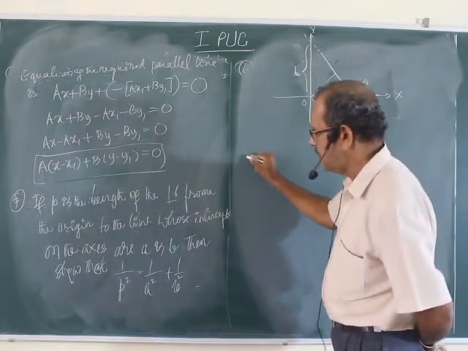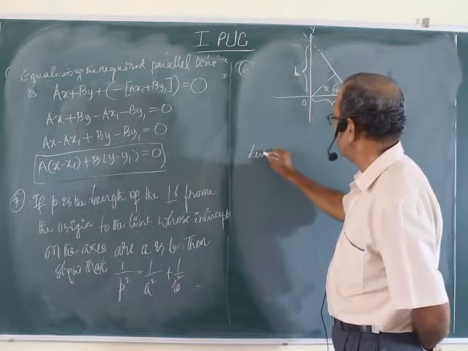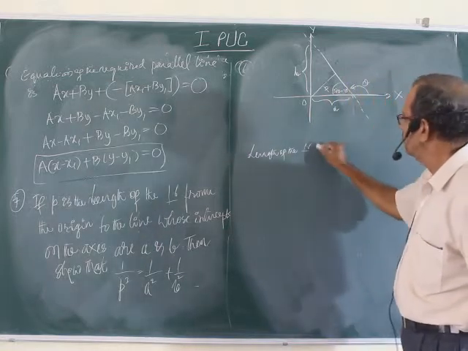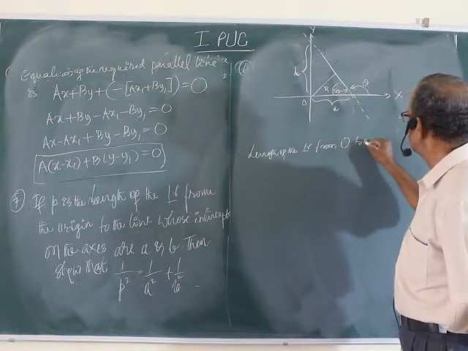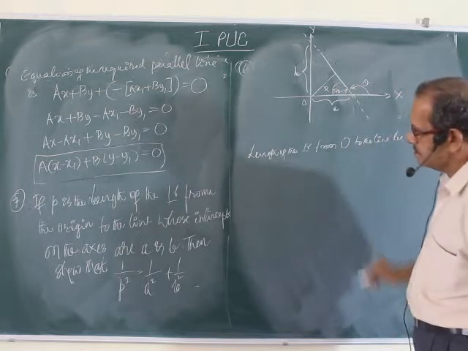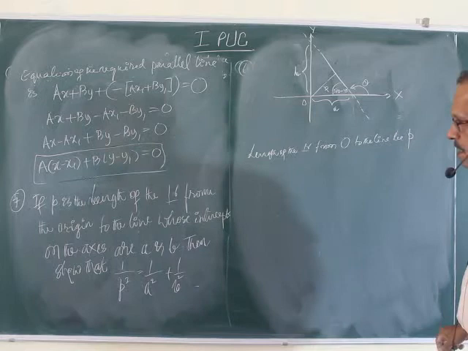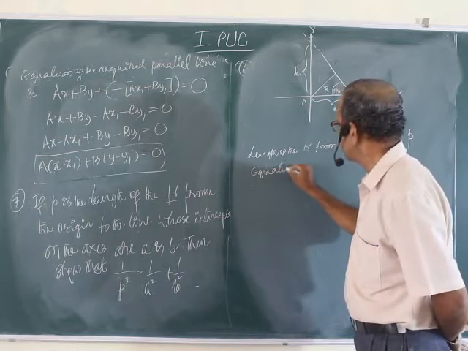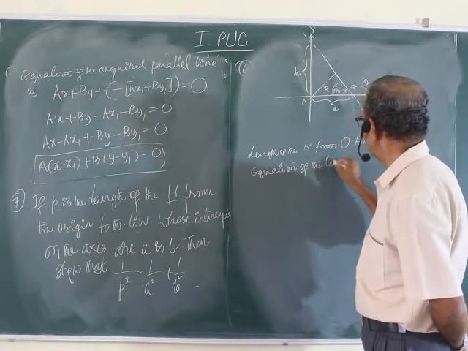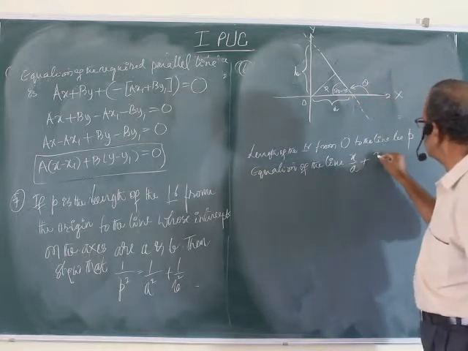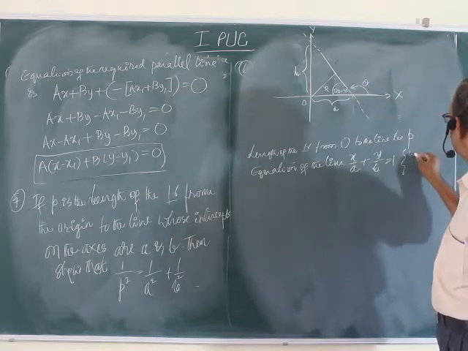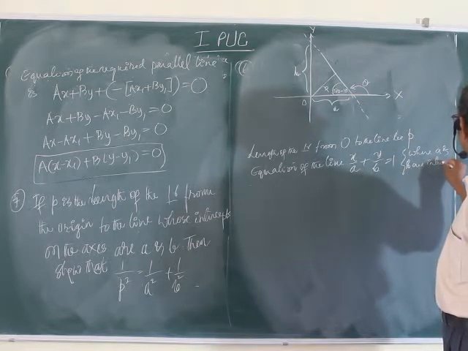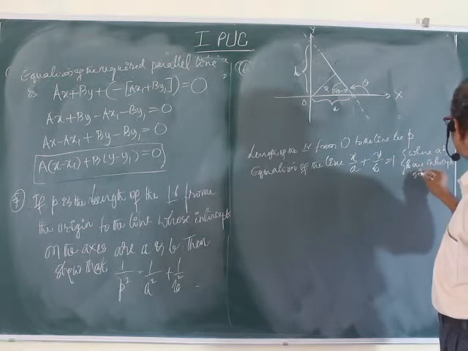Let me write: P is the length of the perpendicular from origin to the line whose intercepts on the axis are A and B. Equation of the line: X by A plus Y by B equal to 1, where A and B are the intercepts given.